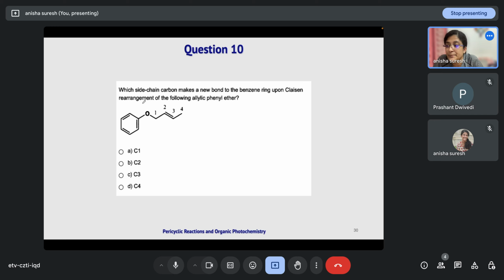That is the question. So we can number it like 3, 2, 1, 1, 2, 3. So which carbon will be making bond with the benzene ring?